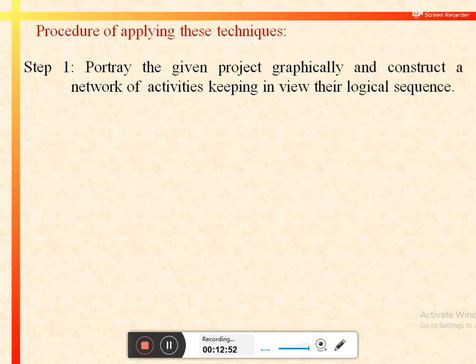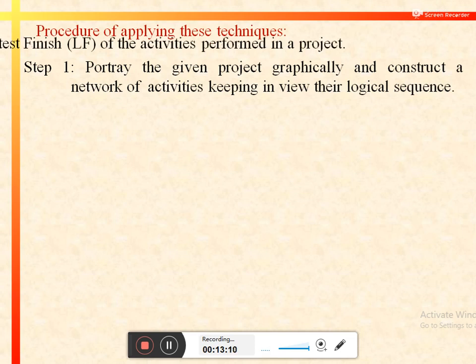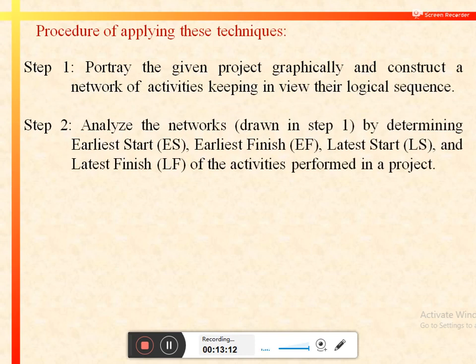So in step 1, we need to portray or draw a given project in a graphical form, or we need to construct a network of activities while keeping in view their logical sequence or their logical precedence. In step 2, we need to analyze the network by determining different aspects of the network, that is the earliest start, earliest finish, latest start, or latest finish of the activities that are performed in a project.